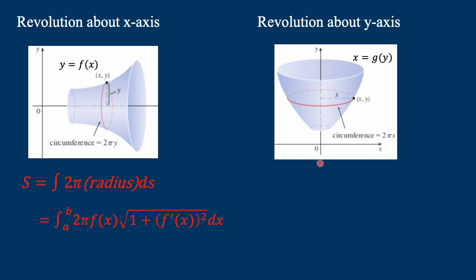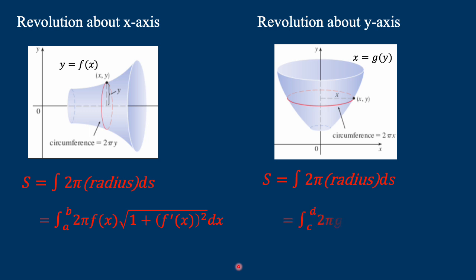Second, another form of the formula is when the function is x equals g of y and rotated about the y-axis. We have to switch the variable. The surface area formula is the same, the integral of 2 pi radius ds, but the radius changes and ds changes. This time we use the variable y.